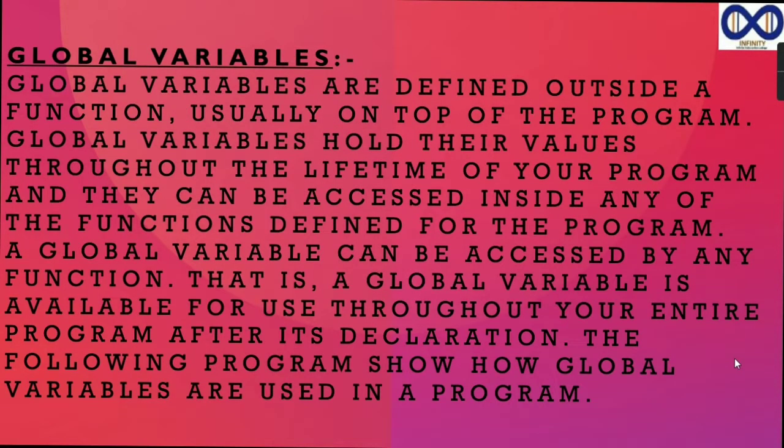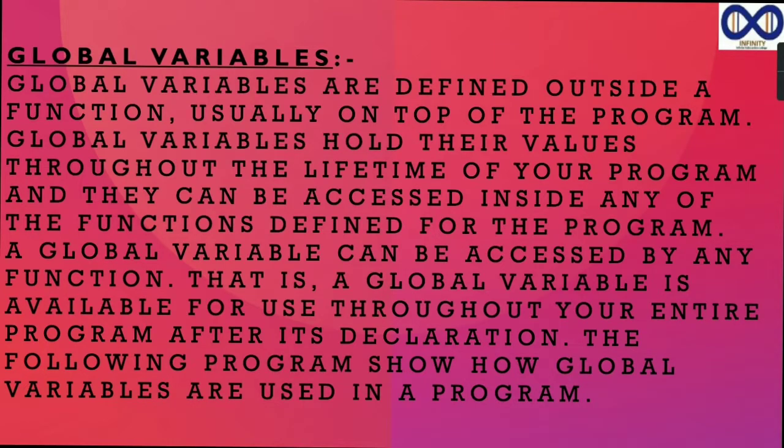Now the global variables. Global variables are defined outside a function, usually on top of the program. Global variables hold their values throughout the lifetime of your program, and they can be accessed inside any of the functions defined for the program.